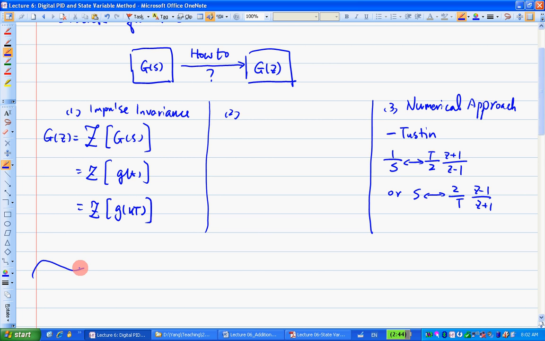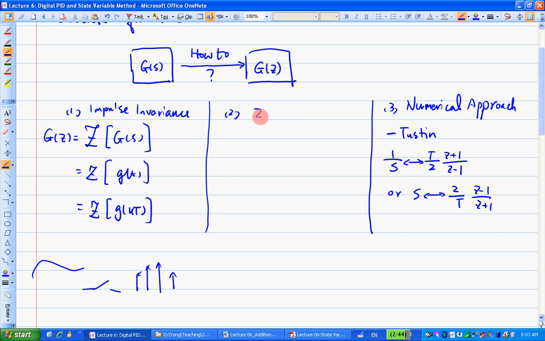You pass the signal through an impulse sampler, then you get a sequence of impulses, then you take the Z transform and you get G of z. So this is called impulse invariance. For this approach, generally what we see is that it retains the impulse response of the original system very well, but the phase is not as good as the other one.